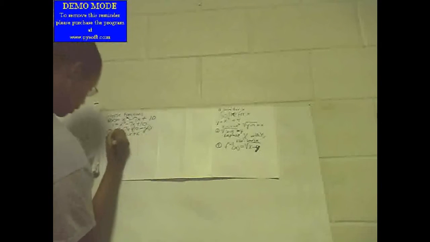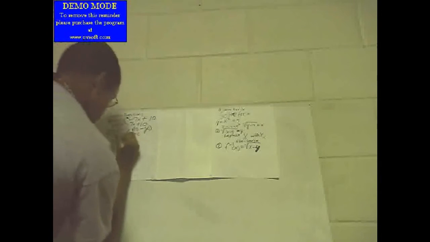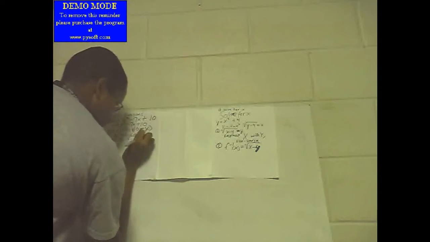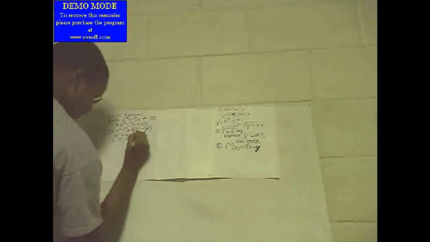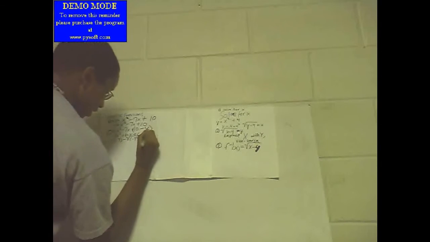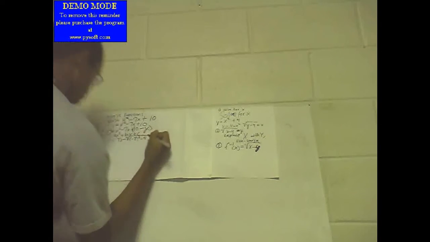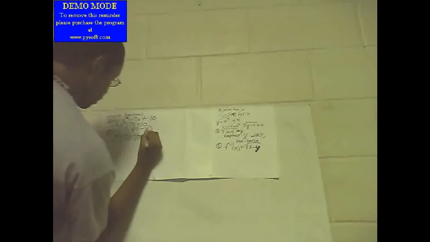So the quadratic equation is negative b, so that's negative 7, plus or minus the square root of b squared, negative 7 squared, minus 4ac. Our a is 1, so times 1.